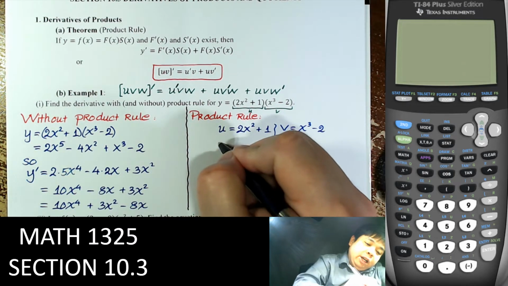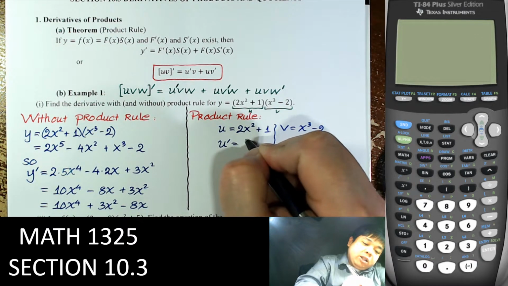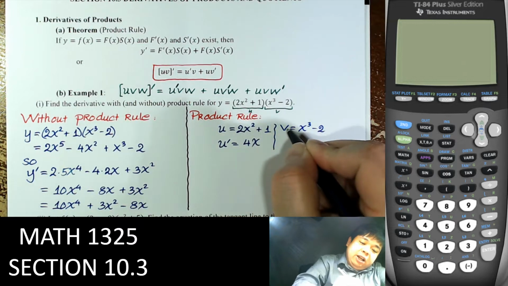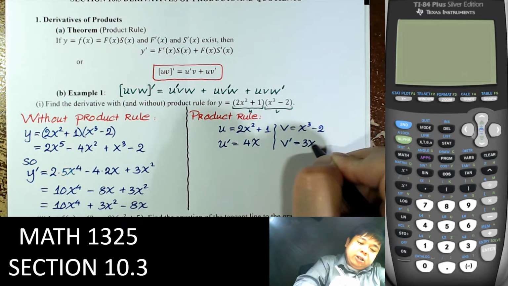Well, u prime, the derivative of that, will be 2 times 2x, which is 4x, and the derivative of v, the derivative of x cubed, is 3x squared.